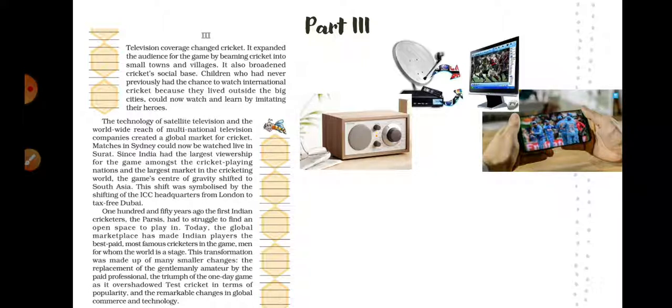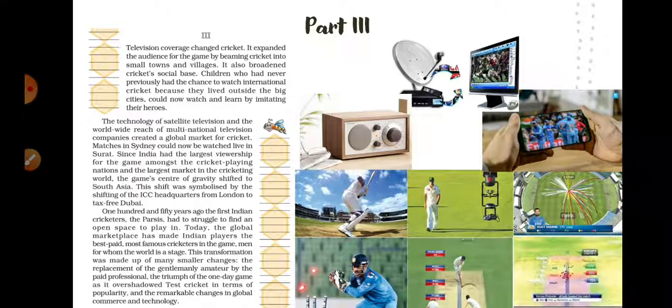Though cricket originated in England, and the first ICC headquarters was situated in London, it then shifted to Dubai because one, it was tax free, and secondly, Asia became the largest market for cricket, especially India, where almost everyone follows cricket, with its large audience.